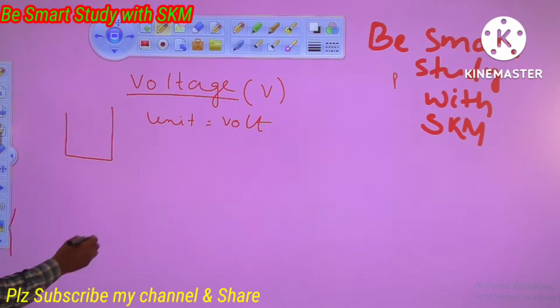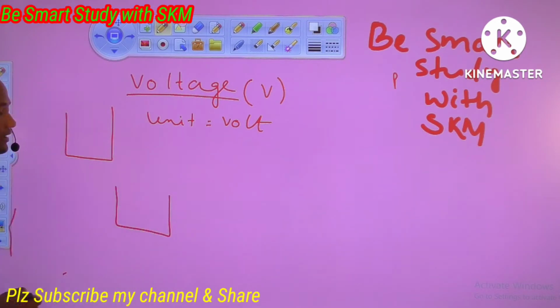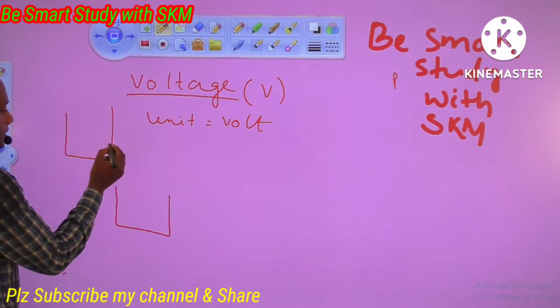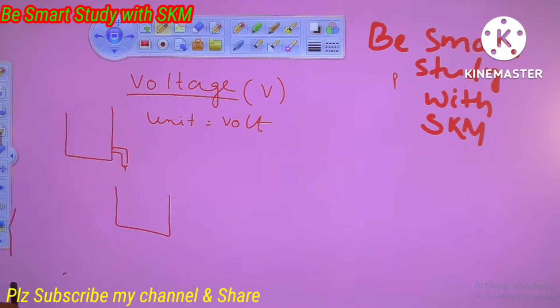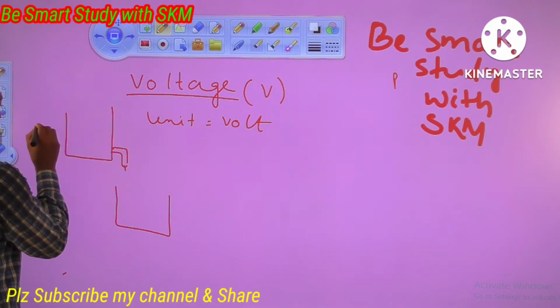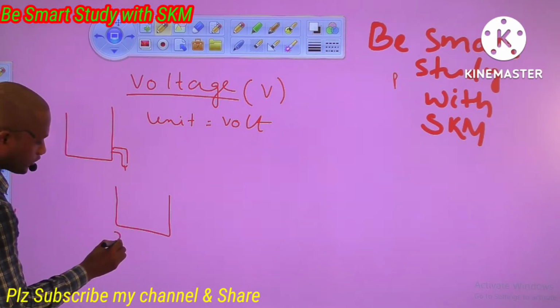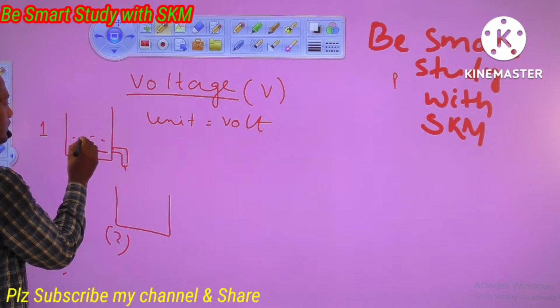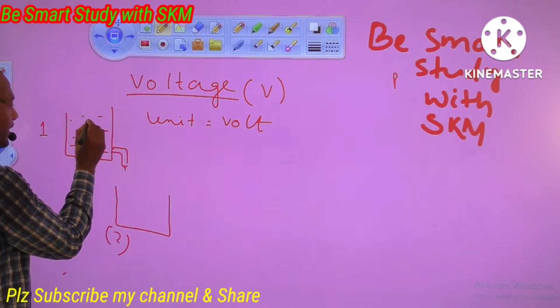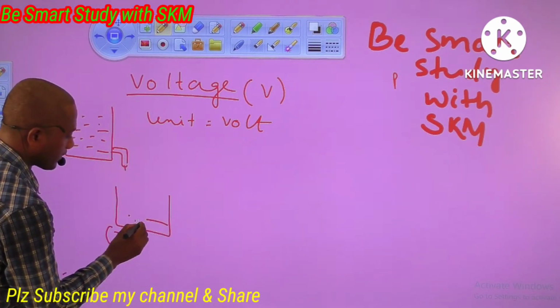Two water tanks are available at different positions. One tap is connected. Tank 1 has the higher water level, and tank 2 has the lower water level.